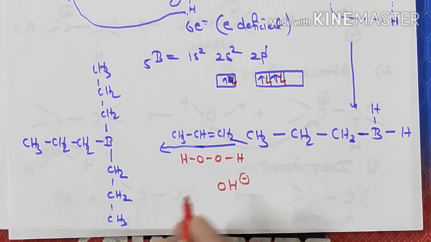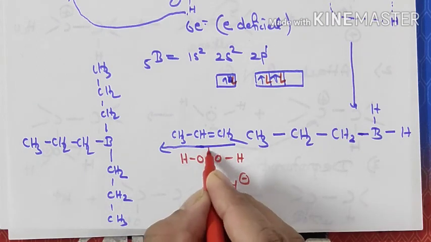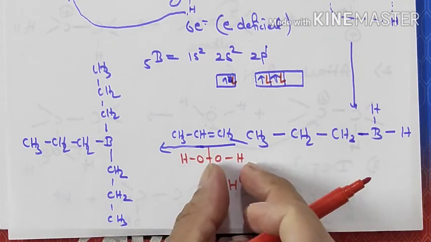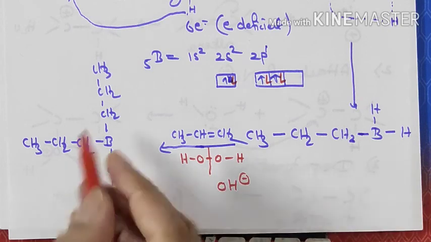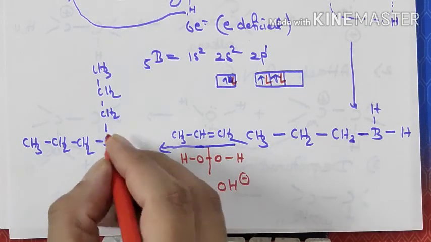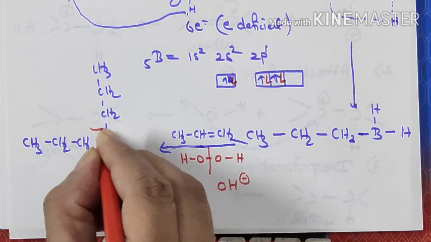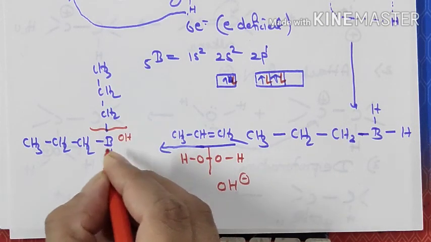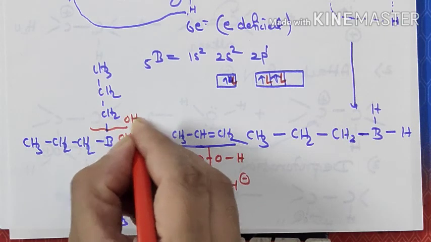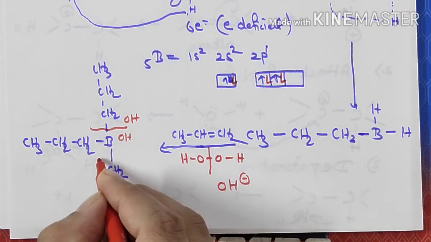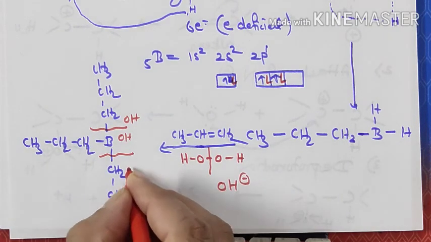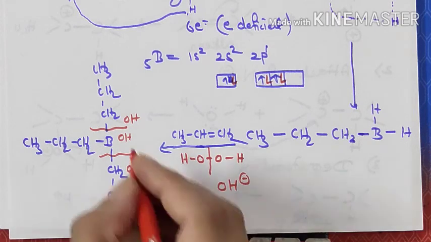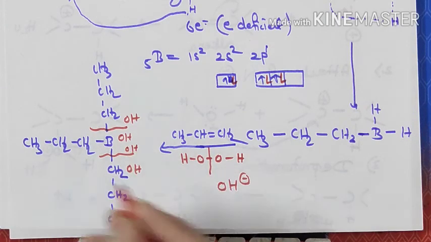Let's understand. Suppose I break it like here. This OH and 2 means we get 2 OH. Similarly, if I break from here, I will get 1 OH to boron and 1 OH to this group, right? In the same fashion, I break here, 1 OH with this carbon, 1 OH to this boron.